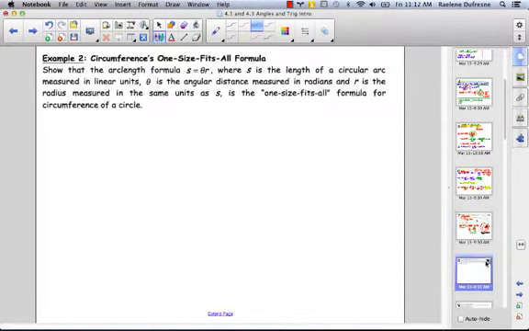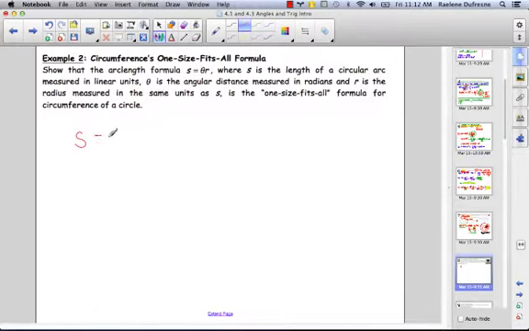Let's take a look. For circumference, we want to show that the arc length formula s equals theta r, where s is the length of a circular arc measured in meters or centimeters, etc., and theta is the angular distance measured in radians, and r is the radius measured in the same units as s. Then we get the formula for the arc length, or the circumference of a circle.